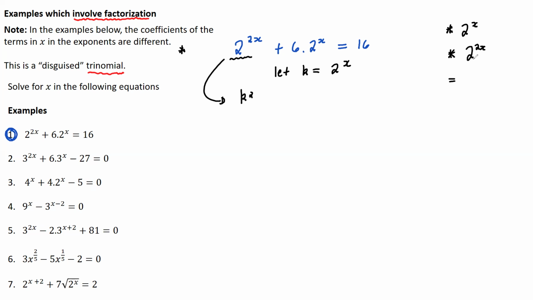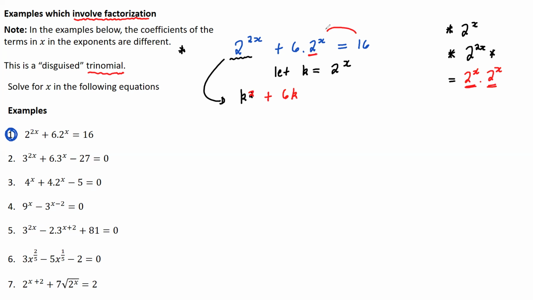Let me justify that. 2 to the power 2x, when you write it nicely, is 2 to the power x dot 2 to the power x. And 2 to the power x is k. This is also k, so it becomes k squared. Plus 6k, and it was saying let 2 to the power x be k.